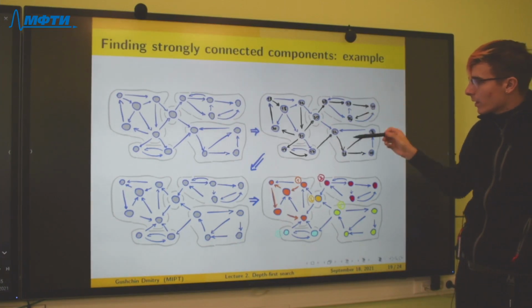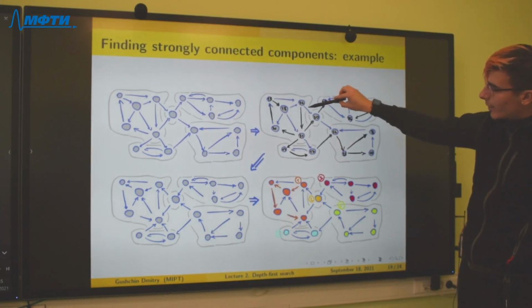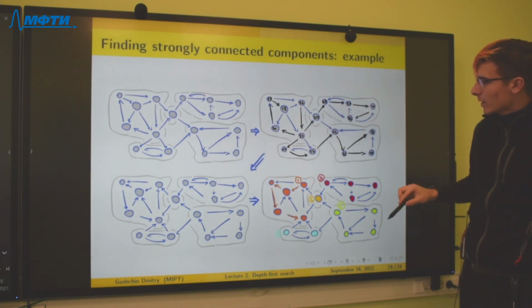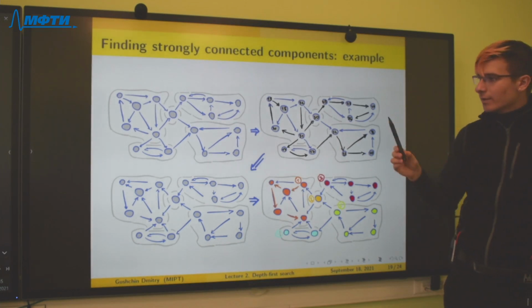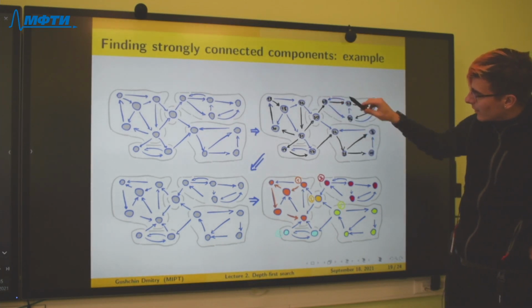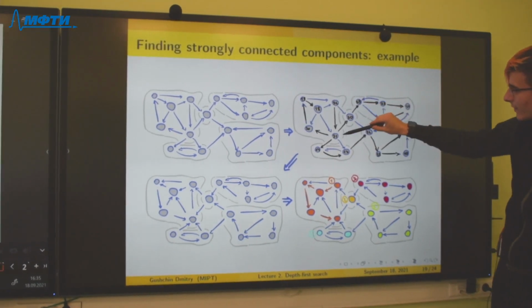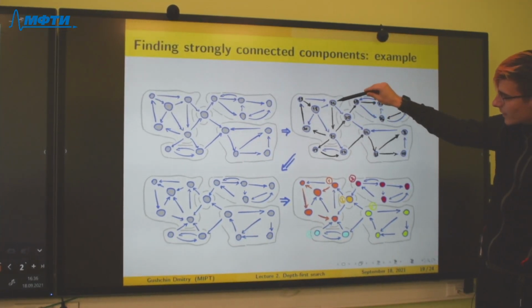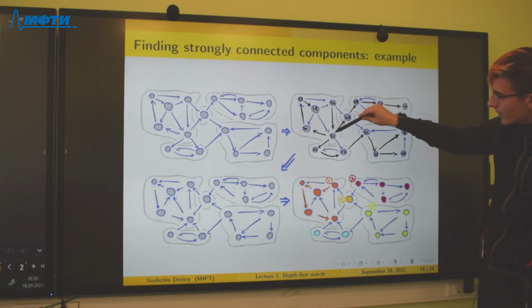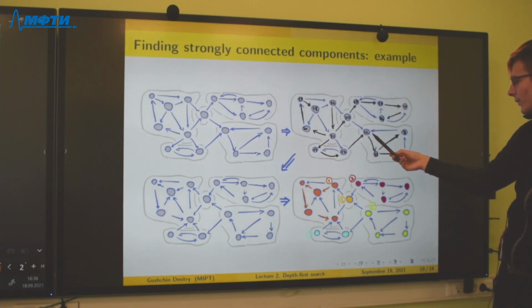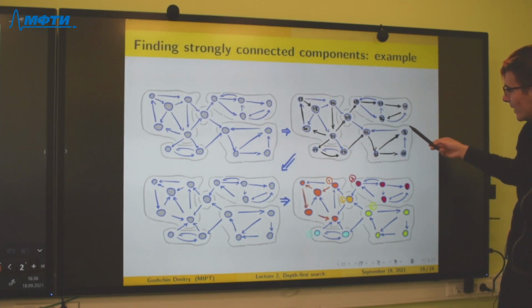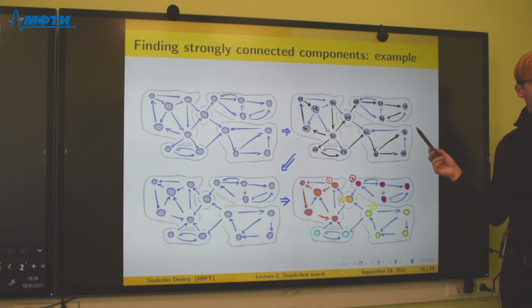Firstly, I write times equal to the finish times of each vertex. It starts with 32, 31, then 14, 13, 12, 11, 8, and 8 is the first vertex that we finish with.